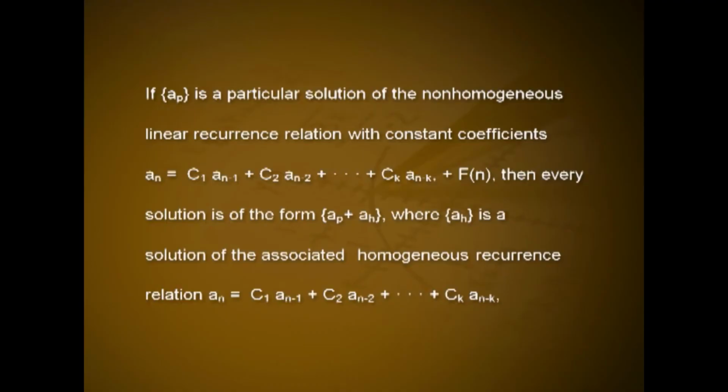If a_n^(p) is a particular solution of the non-homogeneous linear recurrence relation with constant coefficients a_n = c_1 a_{n-1} + c_2 a_{n-2} + ... + c_k a_{n-k} + f(n), then every solution is of the form a_n^(p) + a_n^(h), where a_n^(h) is a solution of the associated homogeneous recurrence relation a_n = c_1 a_{n-1} + c_2 a_{n-2} + ... + c_k a_{n-k}.